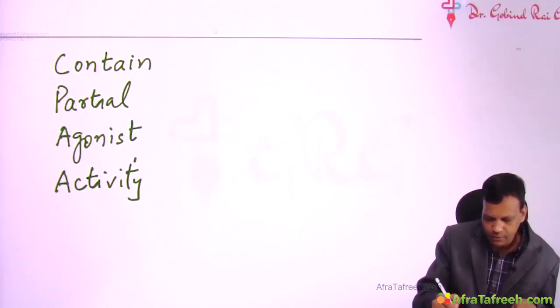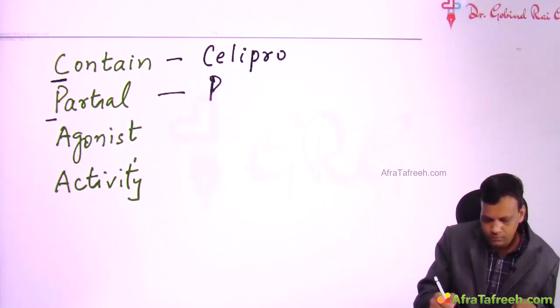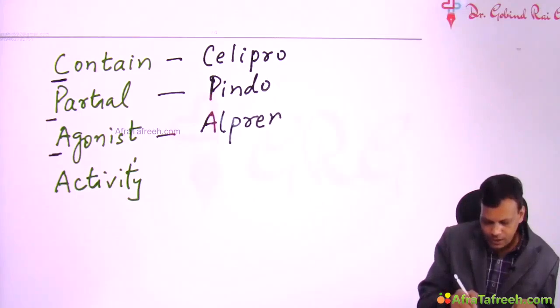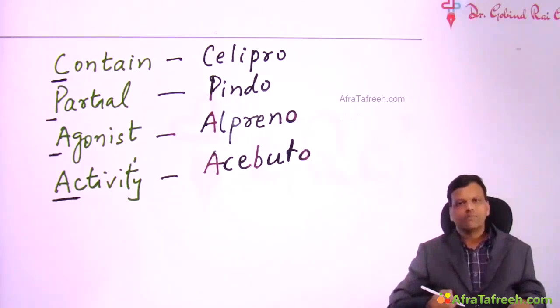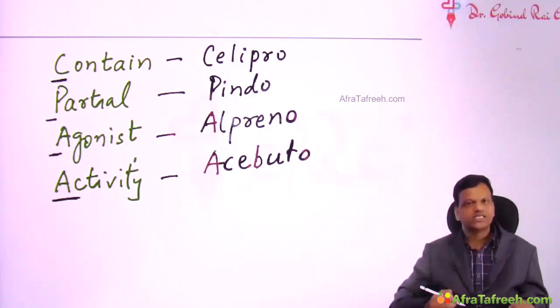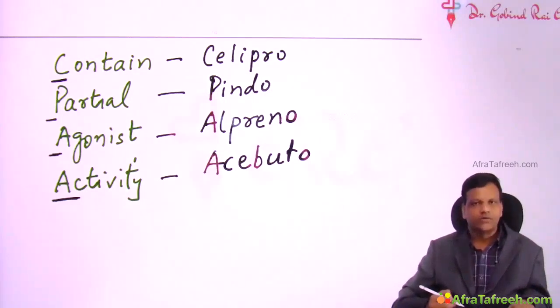So C for celiprolol, P for pindolol, A for alprenolol, AC for acebutolol. So these are the important drugs with partial agonistic activity. So disadvantage is they are less effective, but the advantage is they cause less bradycardia as compared to complete antagonist.